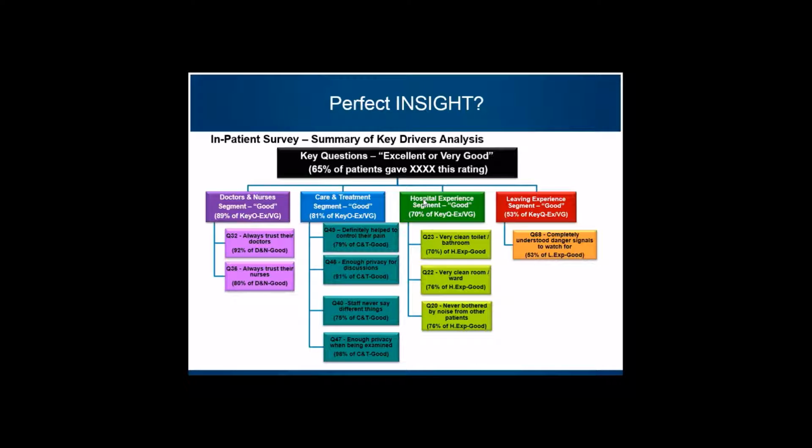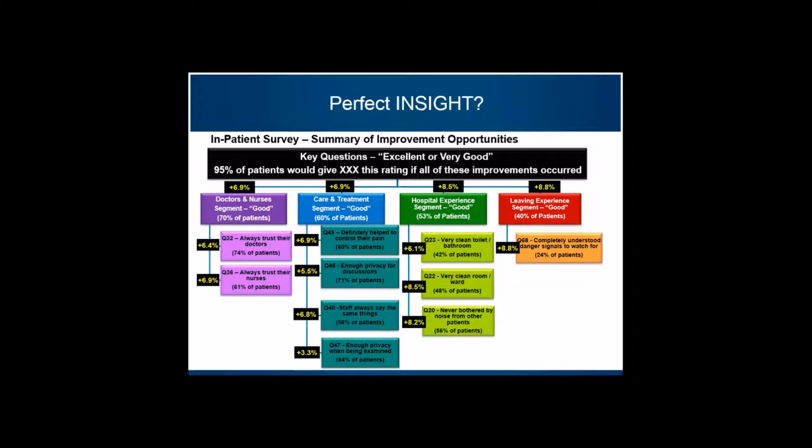So in the case of doctors and nurses, of those that said doctors and nurses were good, for question 32, those who answered that they always trusted their doctors, 74% of patients said the doctors and nurses overall were good.